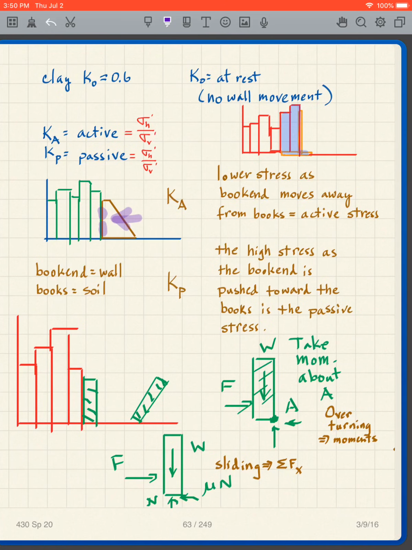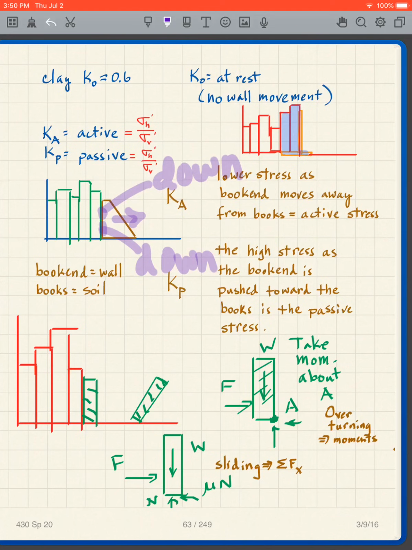Well, what happens to the pressure measured in those transducers? It's going to go up. Okay, so I measure that, but then what happens when I let go of the bookend and the bookend moves in this direction? When it moves in that direction, what happens to the pressure in my pressure transducers? It goes down, the pressure goes down.